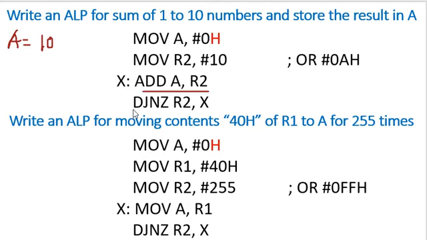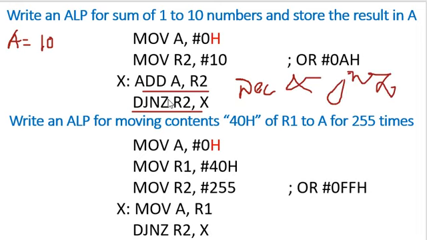Once this has been done, we come to DJNZ. The meaning of this instruction is decrement and jump if not 0. Now what is not 0? Here we need to concentrate on R2, which is taken for the not 0 condition. R2 is the register which we are using for counting, as well as to monitor the loop condition.